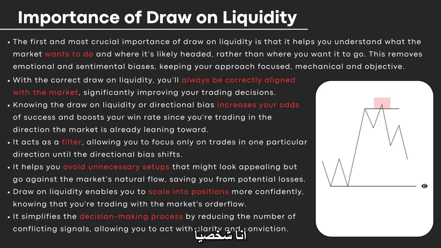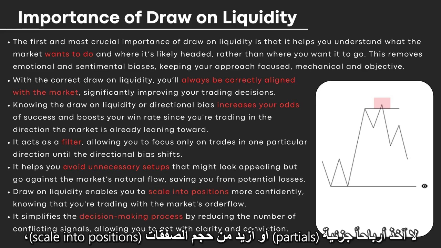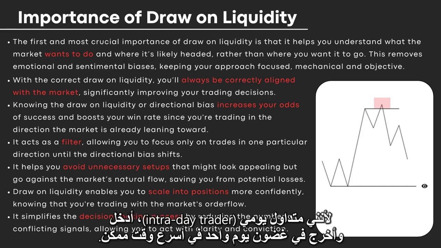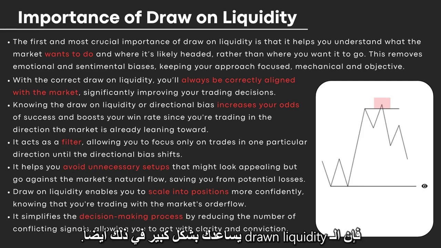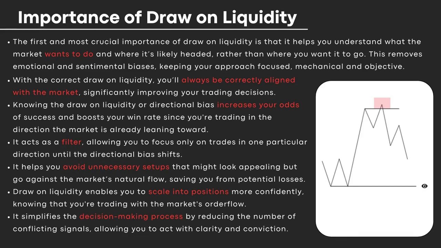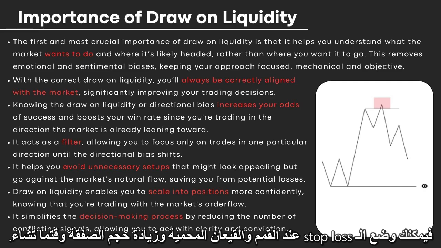Now, I myself don't take any partials or scale into positions because I'm an intraday trader and I get in and get out within a day as soon as possible. But if you are a swing trader or if you are a trader who scales into positions, right? Then drawn liquidity significantly helps you with that too. If you have your directional bias correct, then you can put your stop loss at protected highs and lows and scale into position whenever you want.